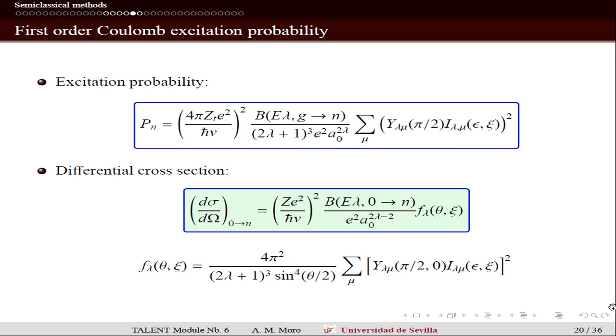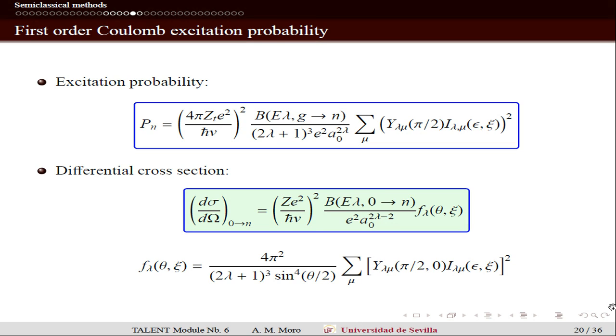So we get at the end an expression of this kind, where this F is of course related to these quantities, and it's written down here. So this is the final expression for our differential cross section. Again, this F can be a complicated object, but everything here is analytical.